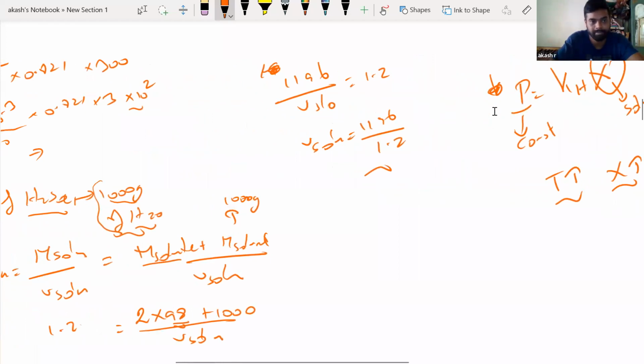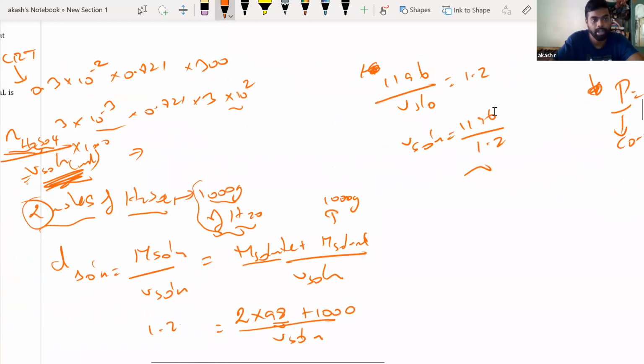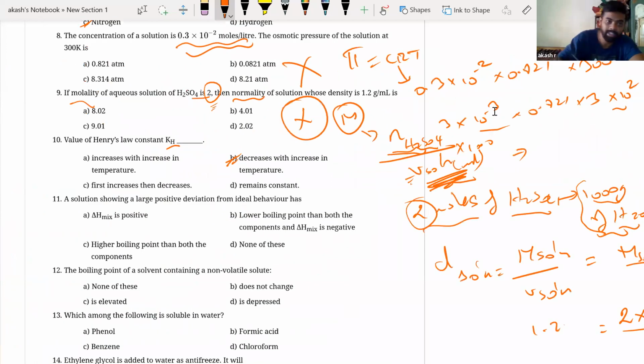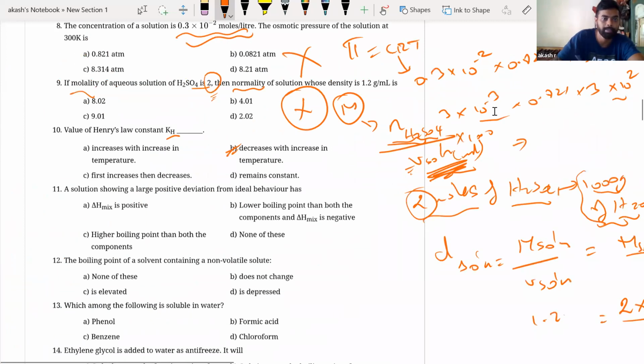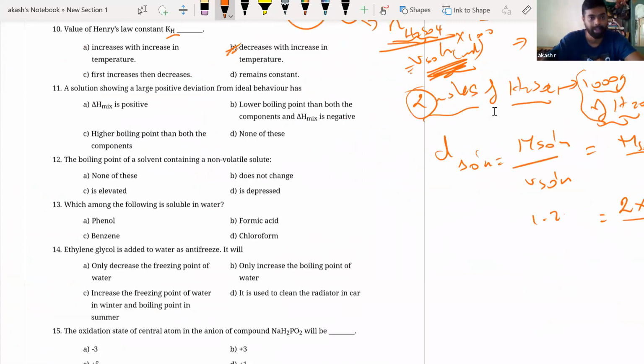Okay, next, a solution showing large positive deviation from ideal behavior. When I say large positive deviation, that means it is going to form a minimum boiling azeotrope. That means the boiling point would have been lowered, so a lower boiling point than those components, and delta H mix should be greater than 0.